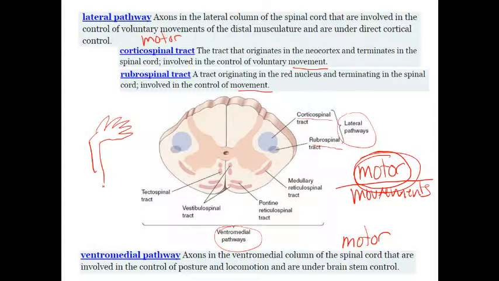What is a quality of the spike initiation zone? It has a high density of voltage-gated sodium channels, and those channels respond to the change in membrane voltage and cause the massive influx of sodium, the depolarization that begins the action potential.